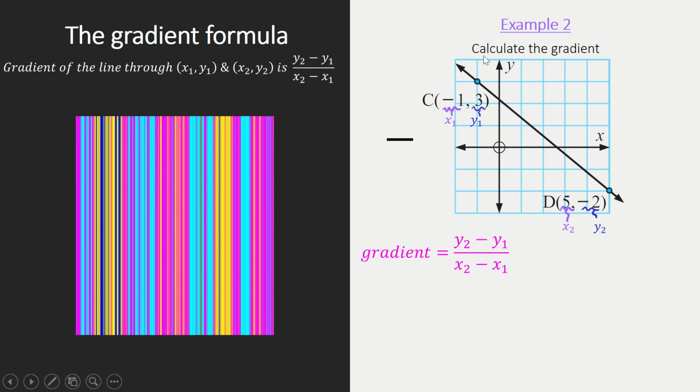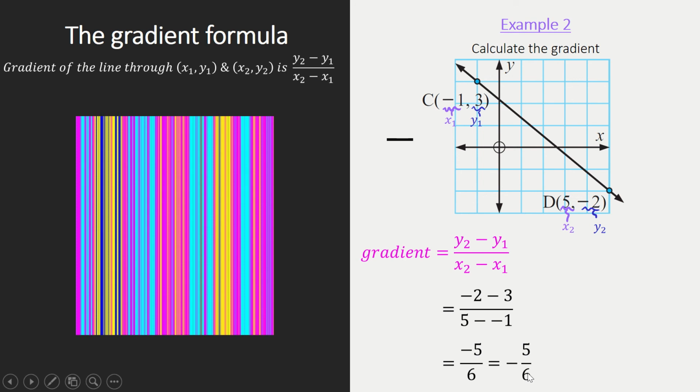So you're going to fill in the points that were given into our formula. What we get is minus 2 minus 3, and then 5 minus, because of the minus already there, minus 1, because of the minus 1 over here. So what we get is minus 5 divided by plus 6, which is minus 5 over 6.